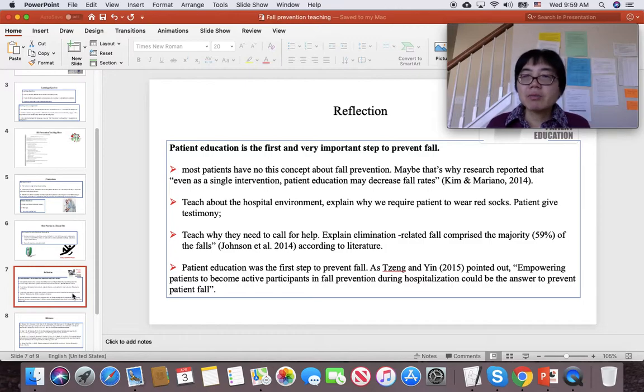I also explain to patients why they need to call for help even though they were independent before or they want to be independent. I also explain that research shows toileting-related activity accounts for the majority of falls. That's why we stay with patients when they are toileting.